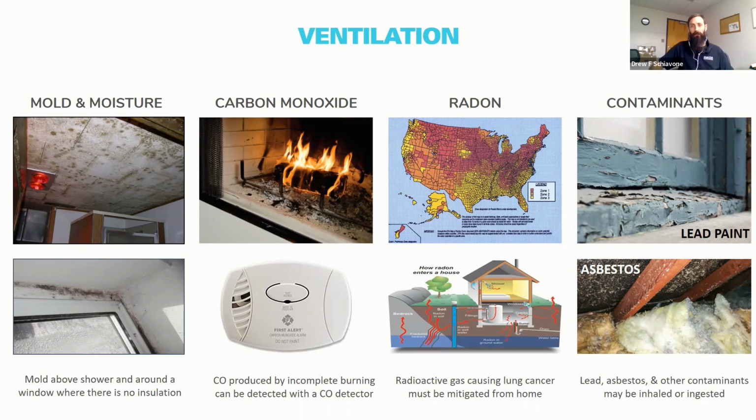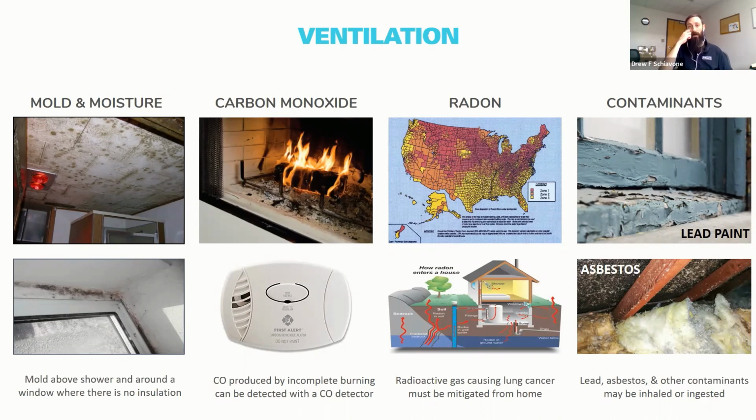Other contaminants, especially older building materials like lead paint and asbestos, you want to make sure that can get out. If you inhale or ingest any of those types of materials, it can be rather dangerous or lead to lung cancer. If you're doing any kind of work, sanding that paint or anything like that, it can get airborne even more so.